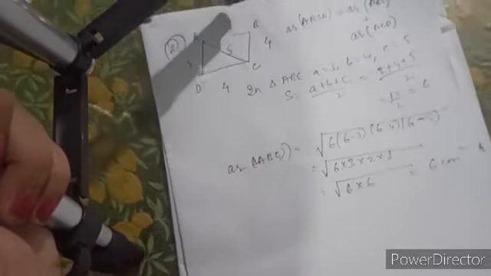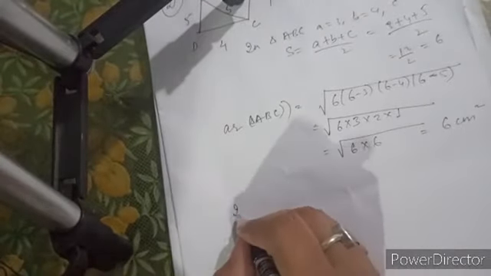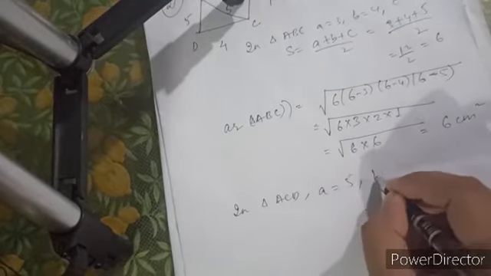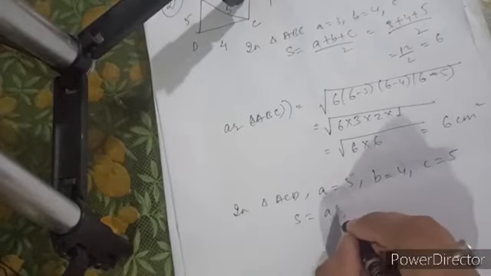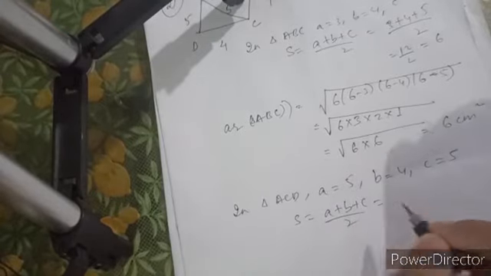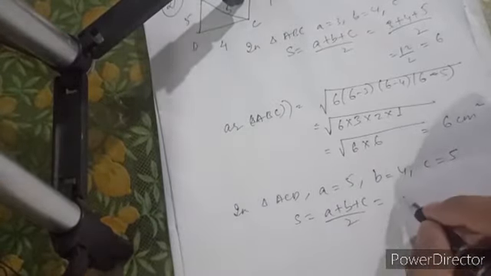So 6 into 6. So the first area, of our triangle ABC, is coming to be 6 centimeter square. Okay, now let us consider triangle ACD, that is a equal to 5, b equal to 4, c equal to 5. So s will be (a plus b plus c) by 2. So (5 plus 4 plus 5) by 2, so 14 by 2, that is coming to be 7.